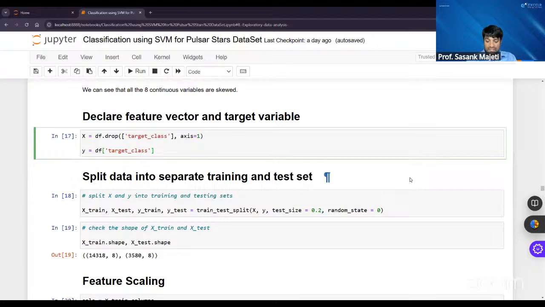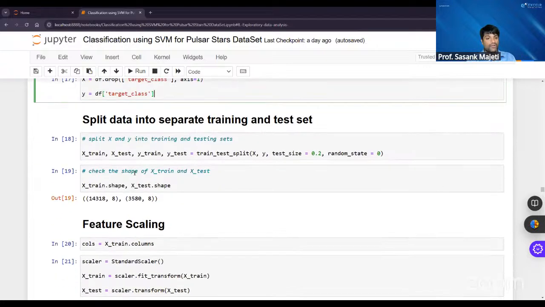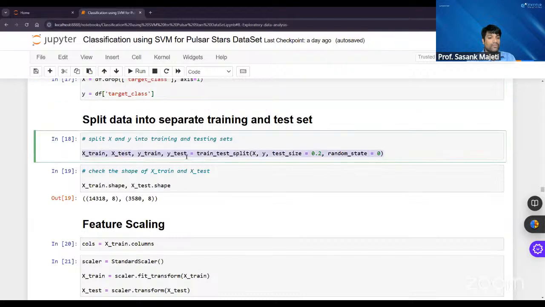The next thing is the four important things which you already know: x train, x test, y train, y test. We use the function train_test_split for splitting the data set, and we give the test size as 0.2. If you take 0.2 as the test size, 80% is your training data.